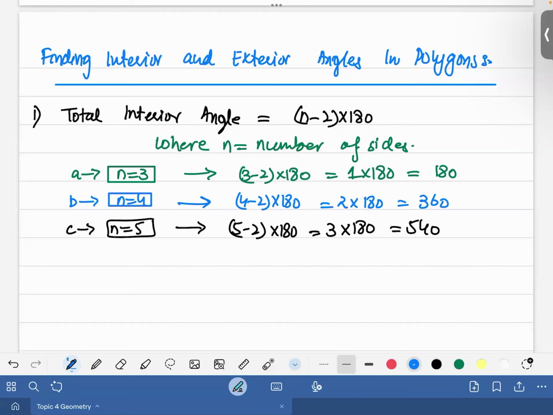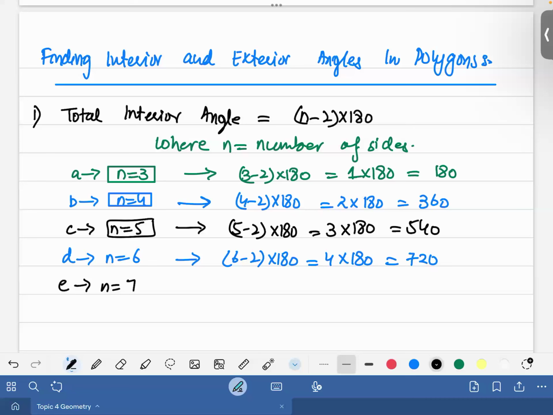When n is equal to 6, it is a hexagon: 6 minus 2 is 4, and 4 times 180 is 720. And when n is equal to 7, a heptagon: 7 minus 2 is 5, and 5 times 180 is 900.